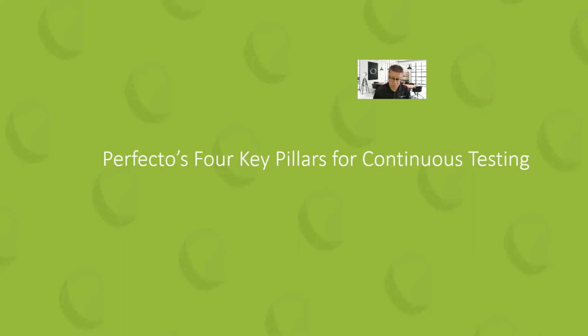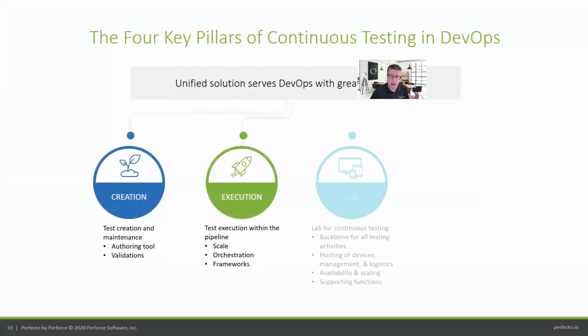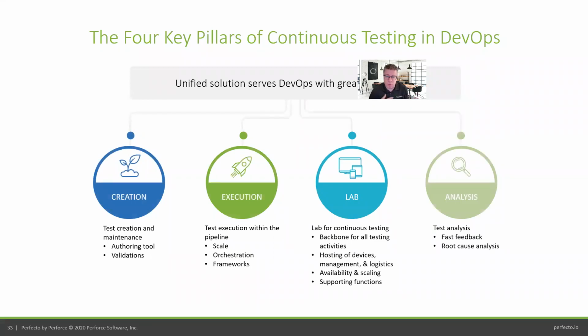Just to complete my session, to be successful in continuous testing, what I believe and Perfecto believes is that you need to have a unified solution that supports the creation of test cases that fits the different personas and skill sets, the execution in parallel at scale with orchestration through CI and CD in a governed lab, which is secure, enterprise grade, global, with full support for all the latest and greatest frameworks, browser versions, and operating systems.